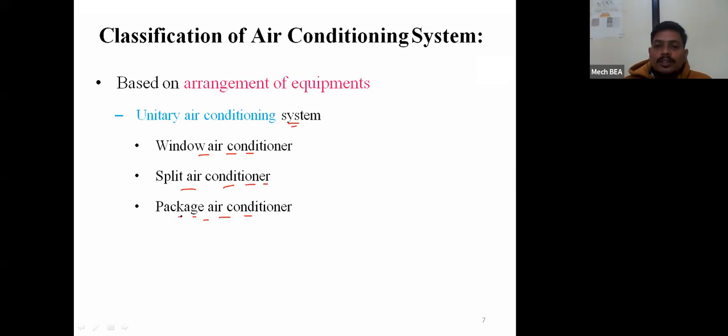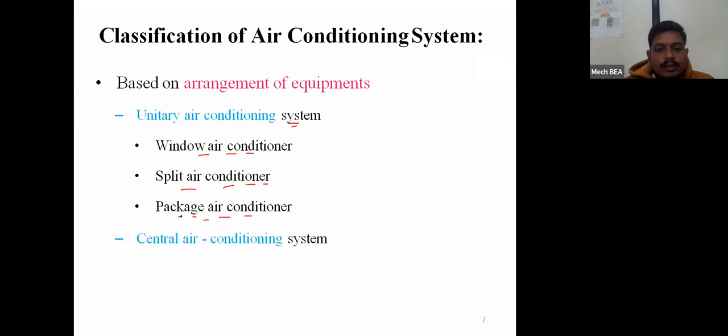Those attached at the rooftop are called package type air conditioners. On the wall, those are called split type air conditioners. So these are the various types of unitary air conditioning systems.